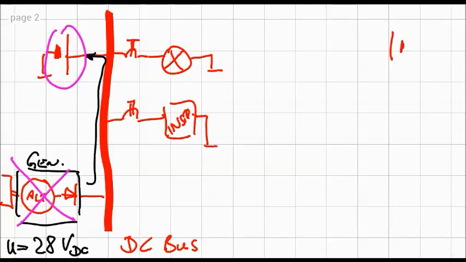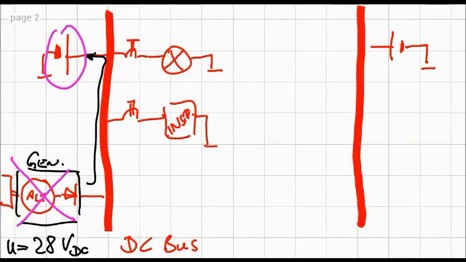So I have this battery here. Now would I connect this battery to the same bus? I could, but maybe I shouldn't, because in our good old philosophy of redundancy, I better have things double, triple, or even more.